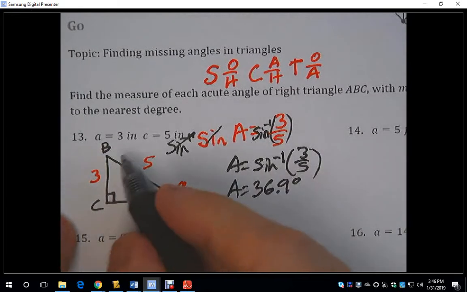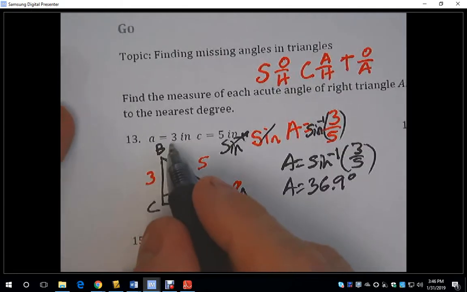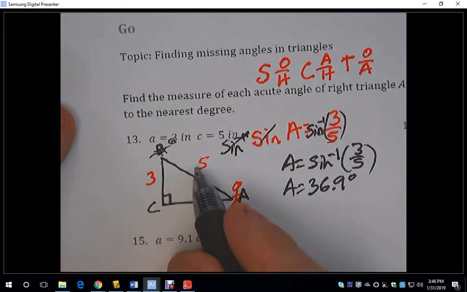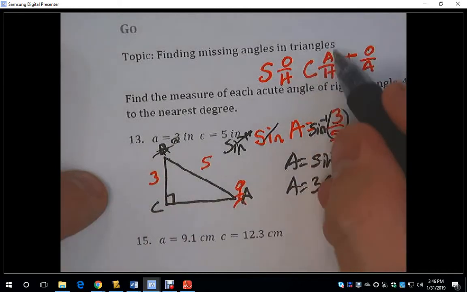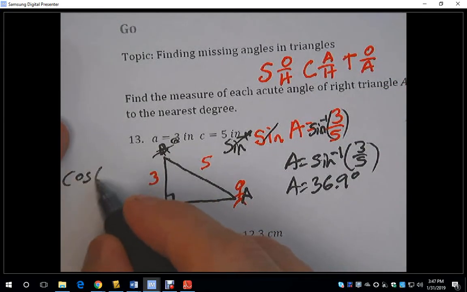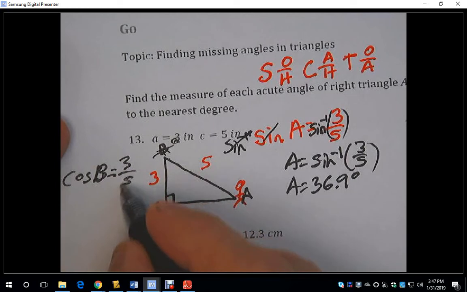Now if I want to find angle B, from this perspective the 3 is my adjacent and the 5 is my hypotenuse. So in this case, I could use cosine. I could use cosine of my angle B equals my adjacent, which is 3 over the hypotenuse of 5.